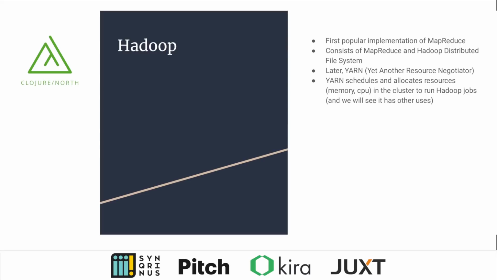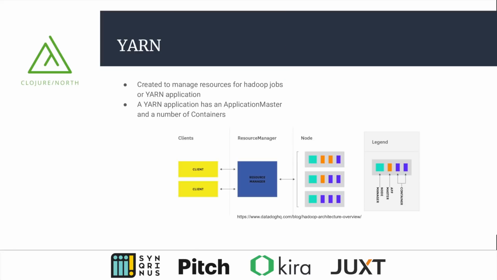It's not an operating system. It does operating system-like things at the cluster level of allocating computation time, allocating memory, and other tools came along to take advantage of it as well. This is Yarn. Yarn manages the resources on the cluster.